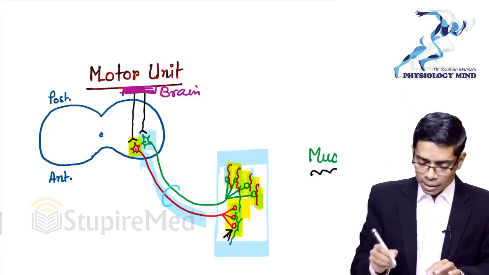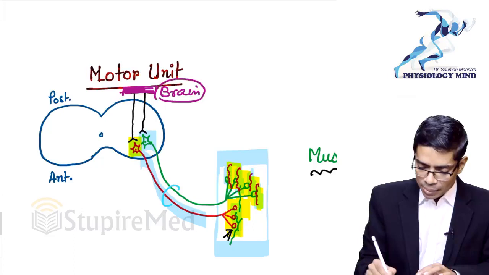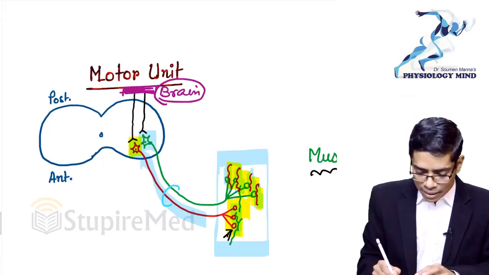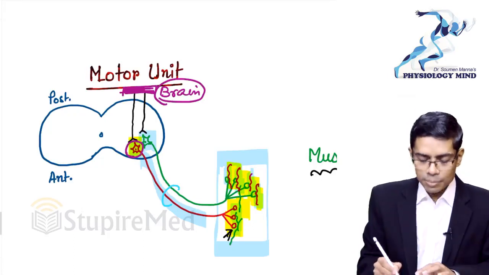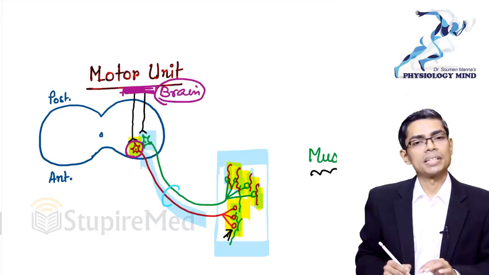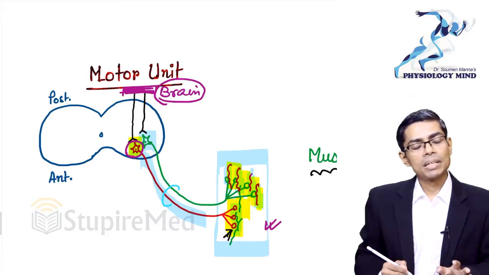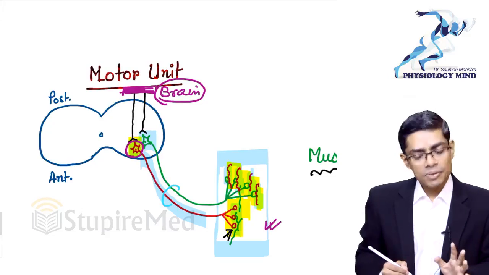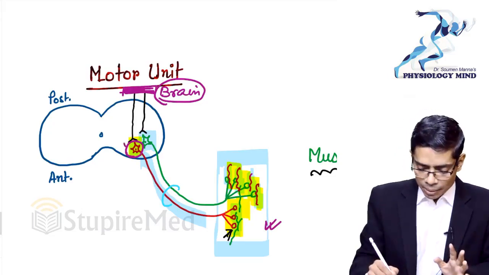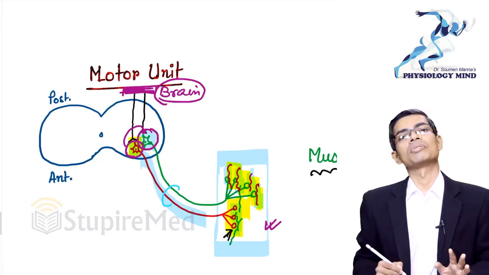What do you mean by that? It means when the brain is stimulating the motor units, at the beginning the smallest size motor unit will be activated. If the force generated by the muscle is adequate to do the job, then done. But if the force is not adequate, then the brain will try to activate the next larger motor unit.